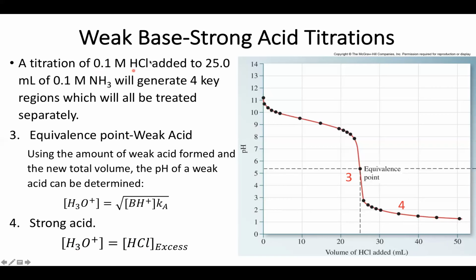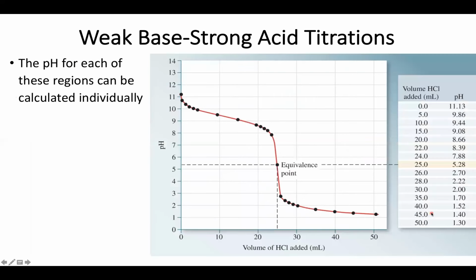In this case, with a 0.1 molar HCl concentration, this means we will converge on a 0.1 molar proton concentration, or a pH of 1, as you can see here. And so just like the weak acid system, it's possible to calculate the pH at every step along the way to generate an idealized acid-base curve.